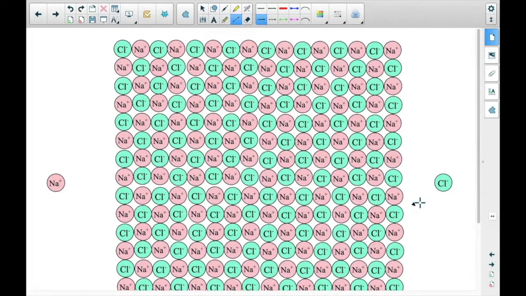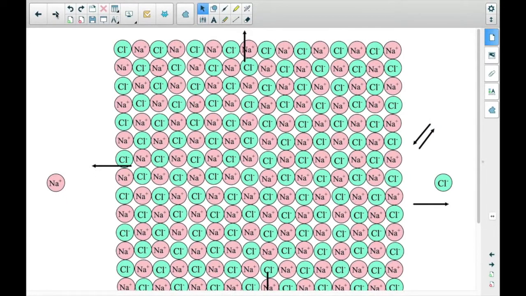This could keep going in that way for 1,000,000, and it could keep going up for 1,000,000, and it could keep going left for 1,000,000, and it could keep going down for 1,000,000, and it could even come towards you and go away from you and actually make a very, very small crystal of salt.